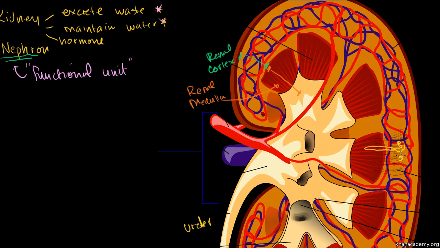It goes, this is where it starts, and then it dips down again. Multiple nephrons are going to keep doing that, but these tubes, or tubules, maybe I should say, are super thin. And your average kidney will contain on the order of 1 million nephrons.